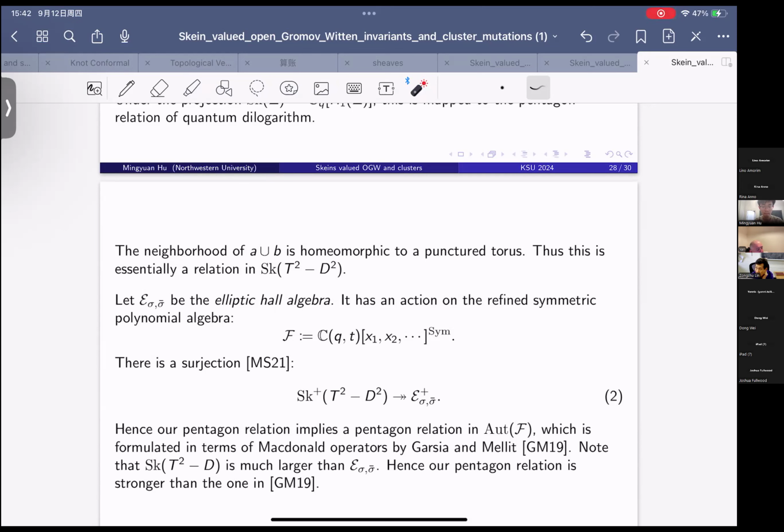Basically under this map, the characteristic function of the orbit corresponding to some partition lambda goes to the characteristic function of the corresponding orbit in the affine Grassmannian. They are just parameterized by the same thing.